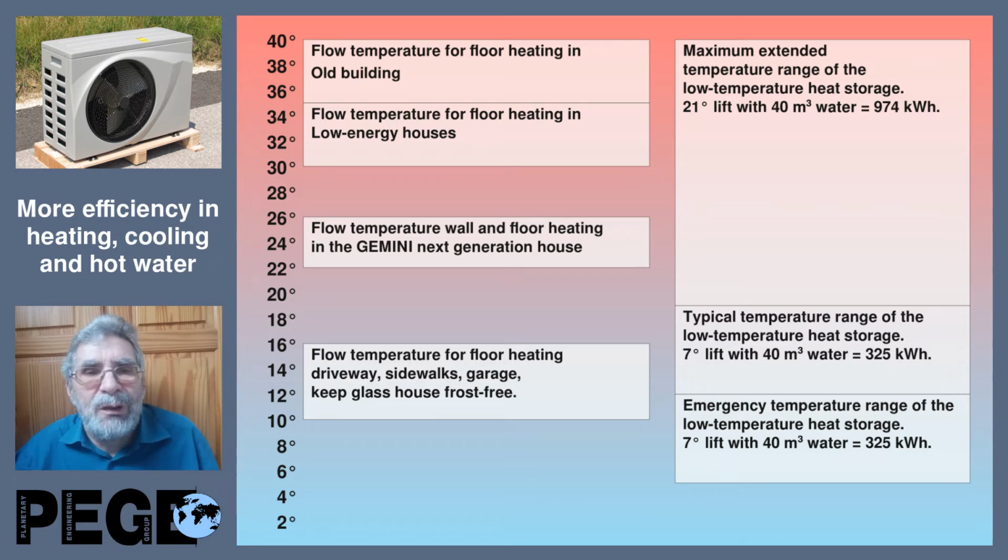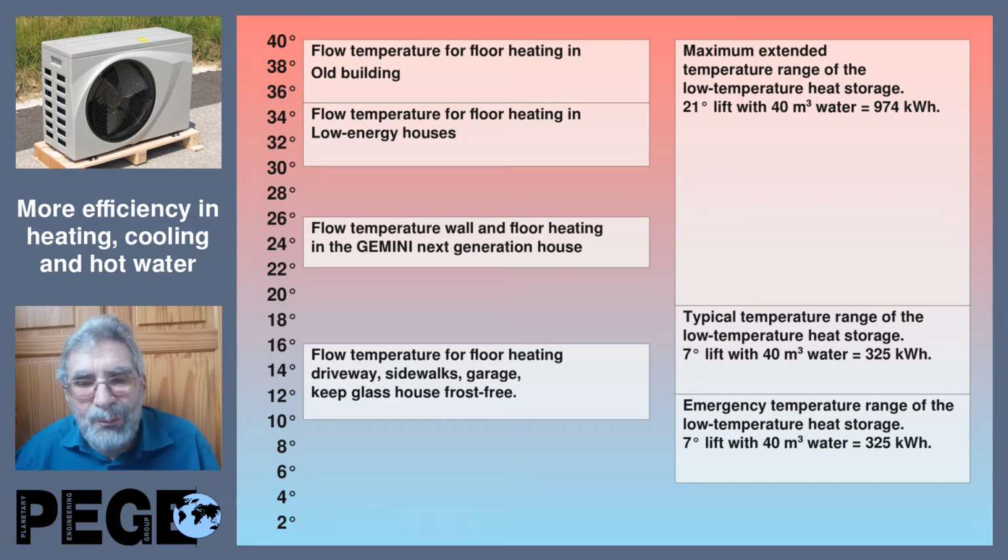Here we have typical temperatures. Flow temperature for floor heating in an old building, 35 to 40 degrees. At a low energy house, 30 to 35 degrees. Then we have the flow temperature for wall and floor heating in the Germany next generation house. Because we have double the space of the heating system, walls and floor, we have only a very small temperature difference and we can use a very low flow temperature.